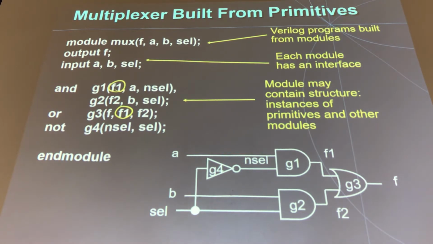Just like a C program, a routine can call many functions, and each function can also call other functions. And again, in each module, you can call primitives. You can also call other modules. Any questions?